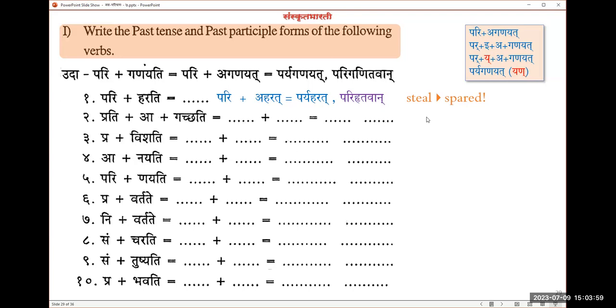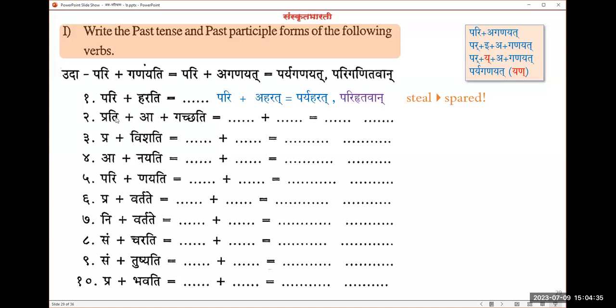Okay. Second one is prati plus a plus gachati. First let us do the lat also. Prati plus gachati becomes pratyagachati. Almost the same process: because the aang upasarga is already there, the additional a gets absorbed, and this i and that a form the yana sandhi.